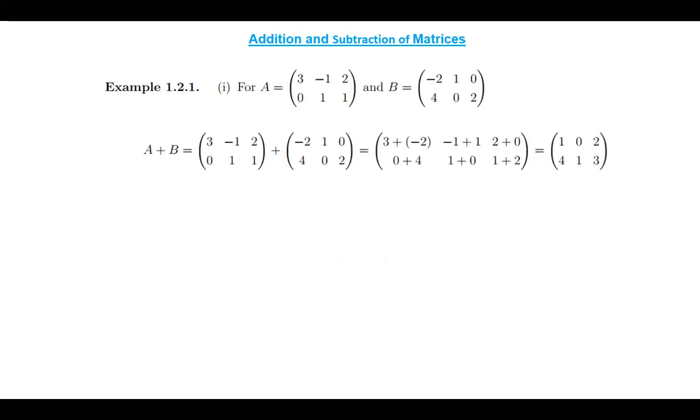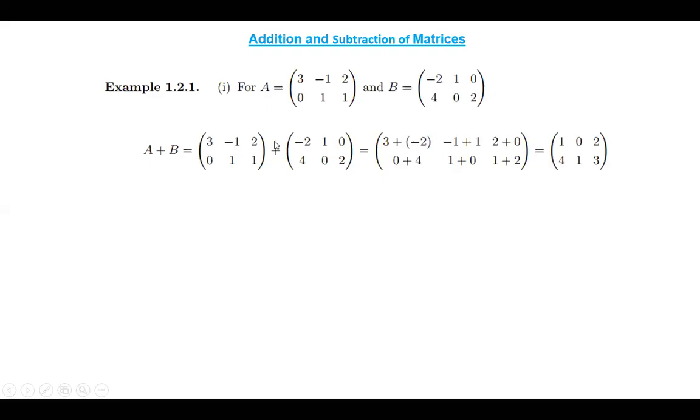When you're adding two matrices, you add them according to their corresponding entries. So let's take a look at this. If, for instance, you've been given this matrix A and the matrix B, and you've been told to add them, you add A plus B, meaning you're adding these two matrices.